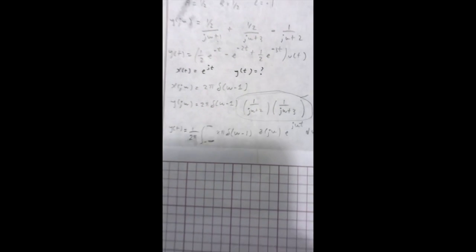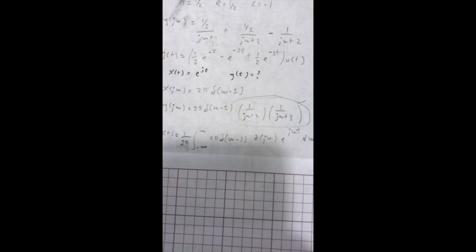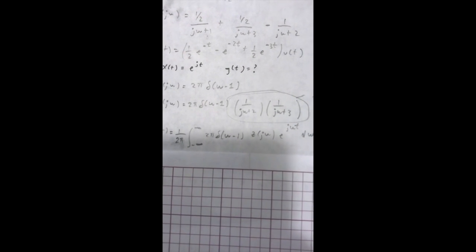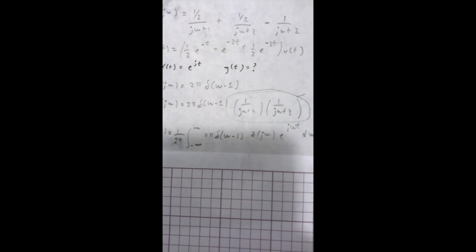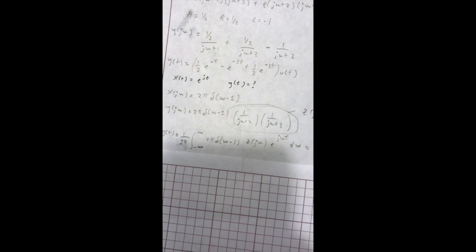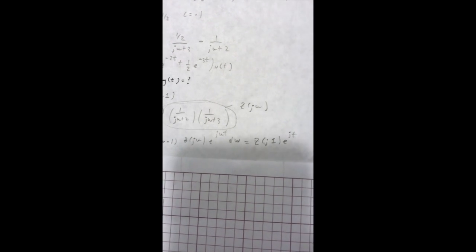Now, if you look at this expression, first off, let's start off by canceling out the 2 pi's, right? 2 pi's go away. This is just an implementation of the sifting property. By using the sifting property, you're taking every omega that's in this expression and making it equal to 1. So everywhere there's an omega in this expression, it's going to equal 1. And this gives you an expression of z of j1 times e to the j1t.